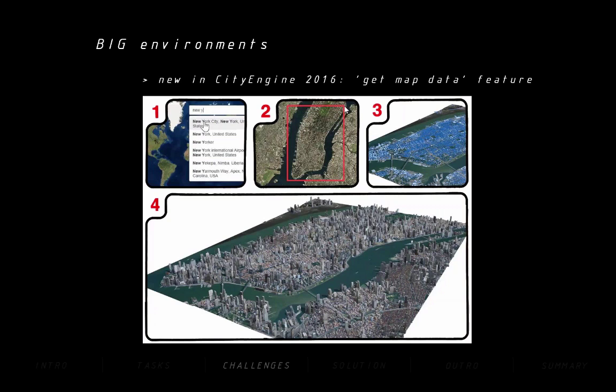Just as a side note, CityEngine 2016 has just released a very cool new feature called Get Map Data. It basically allows you to select a geographic region, and it will automatically crop and download the according satellite picture and optionally also get some OpenStreetMap data.